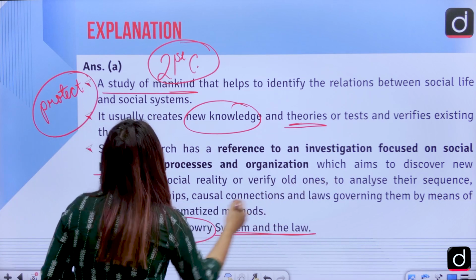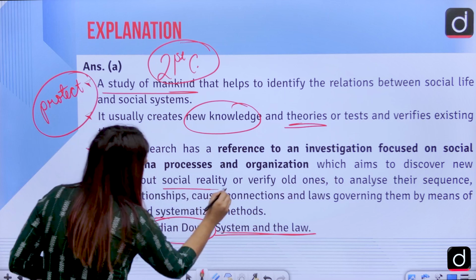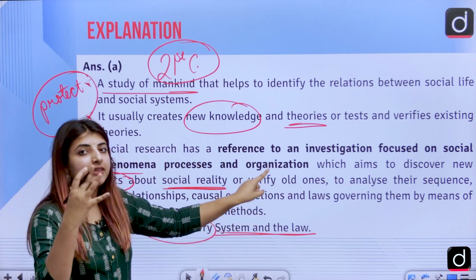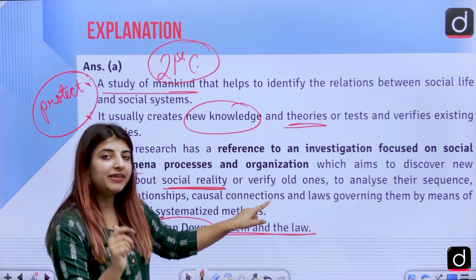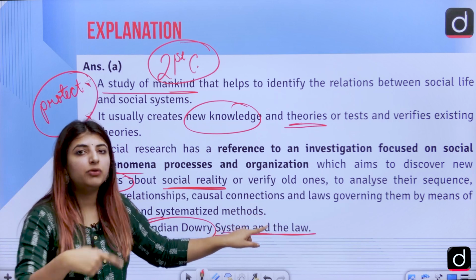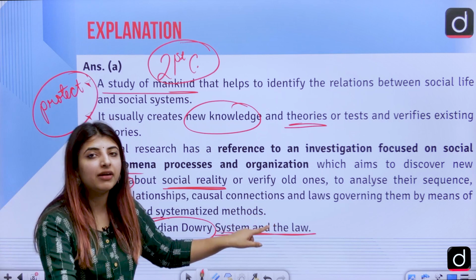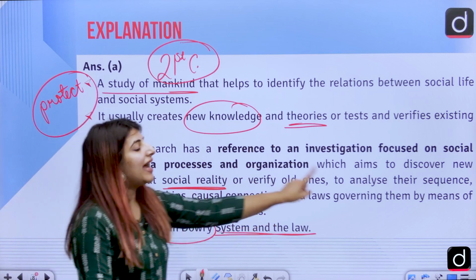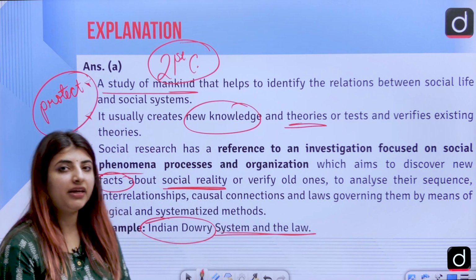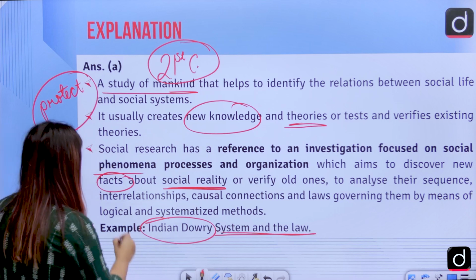Social research discovers new facts about social reality or verifies old ones. Some can verify through social research how, from the eras, the Indian dowry system came into society, and analyze its sequence, how frequently it has been happening in India.